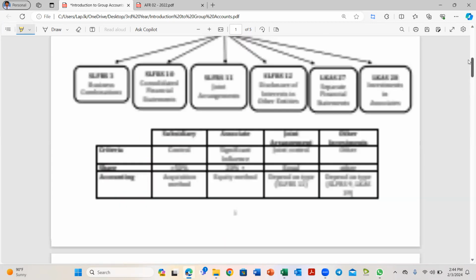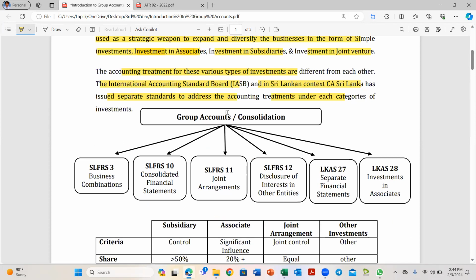Right? You can see here group accounts: consolidation involves SLFRS 3, SLFRS 10, consolidated statement of financial position, SLFRS 11 the joint arrangement, LKAS 28 investment in associate, LKAS 27 the separate financial statements, and SLFRS 12, the disclosure of interests in other entities.